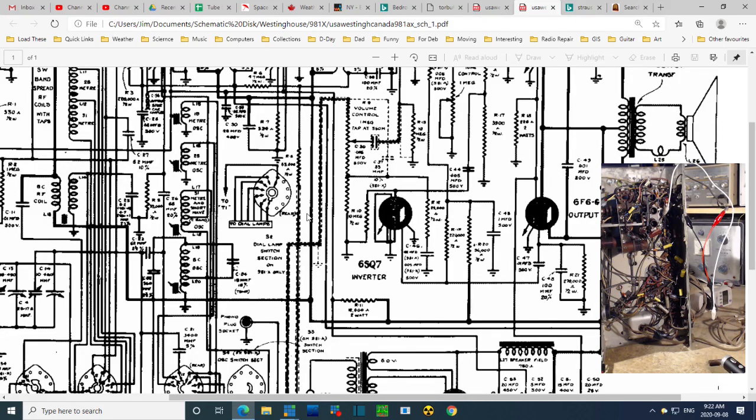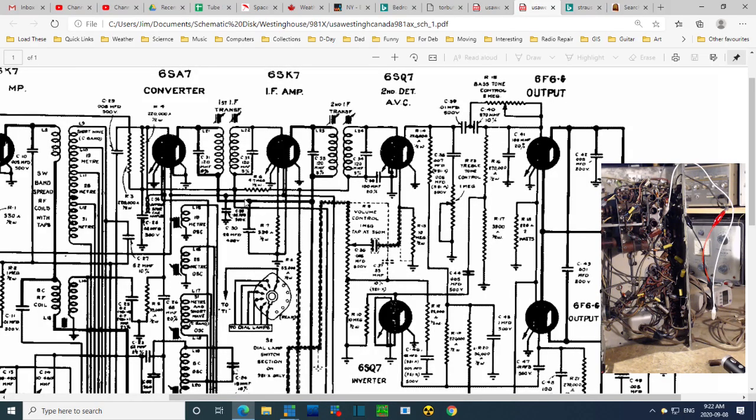Did I actually follow the right wire? Oh, here we are. Right here. Yeah, those just must be crossings on this diagram.